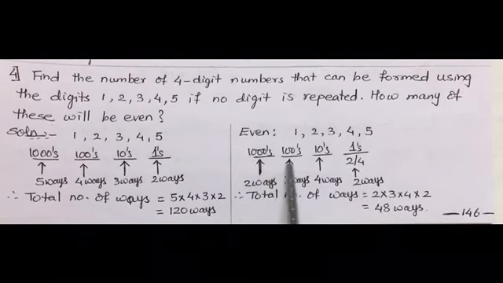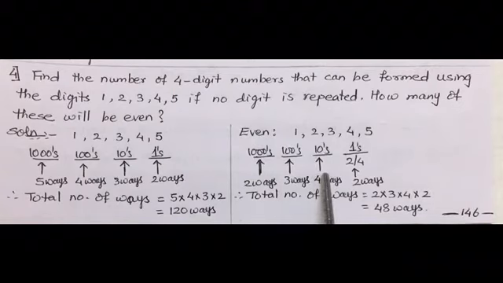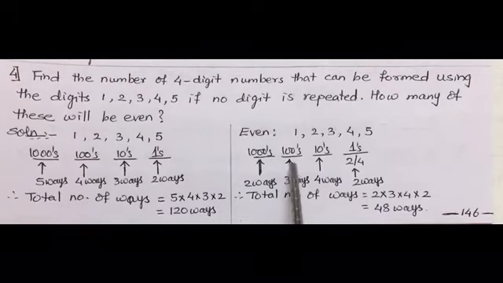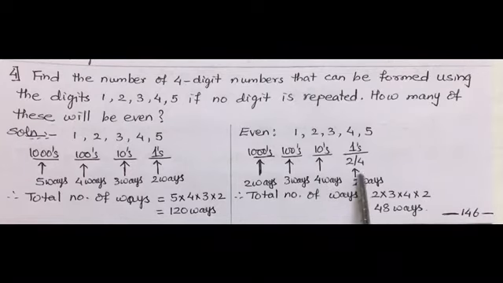The first place, or we can start with the third place, it can be arranged in 4 ways because one number is already occupying the last place. Then comes the hundreds place, which can be arranged in 3 ways because 2 numbers are already arranged before.